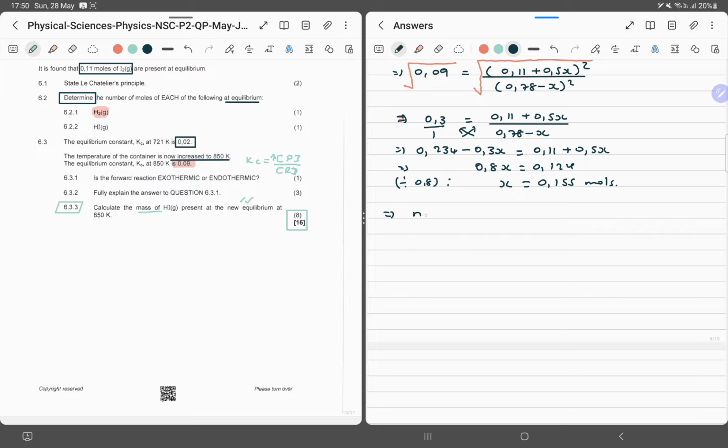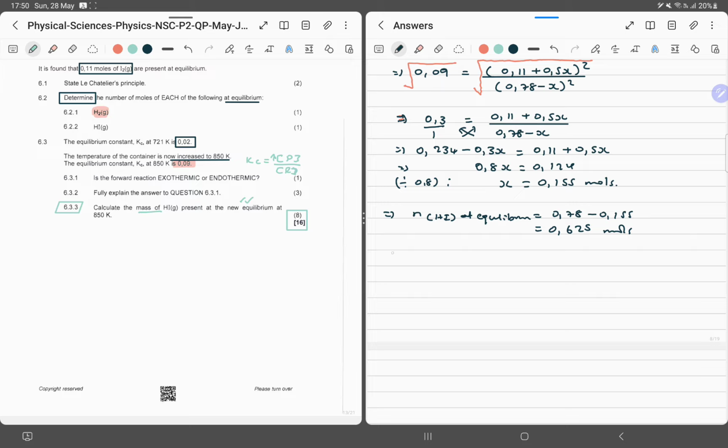This implies that the number of moles of hydrogen iodide at equilibrium is going to be 0.78 minus 0.155. Okay, so 0.78 minus 0.155. This gives us 0.625 moles.